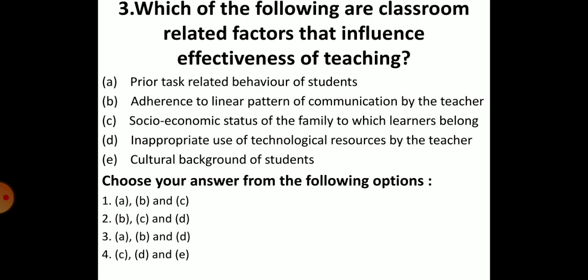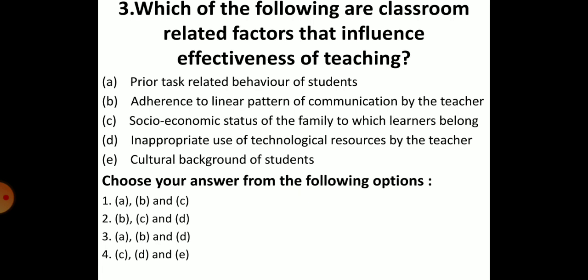The statements A, B, and D are classroom related factors that influence effectiveness of teaching. These three statements are related to class environment and student-teacher communication, that is prior task related behavior of students, adherence to linear pattern of communication by the teacher, and inappropriate use of technological resources by the teacher.